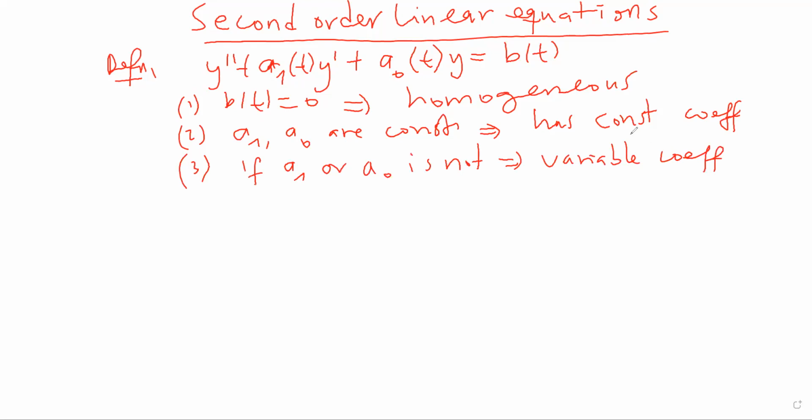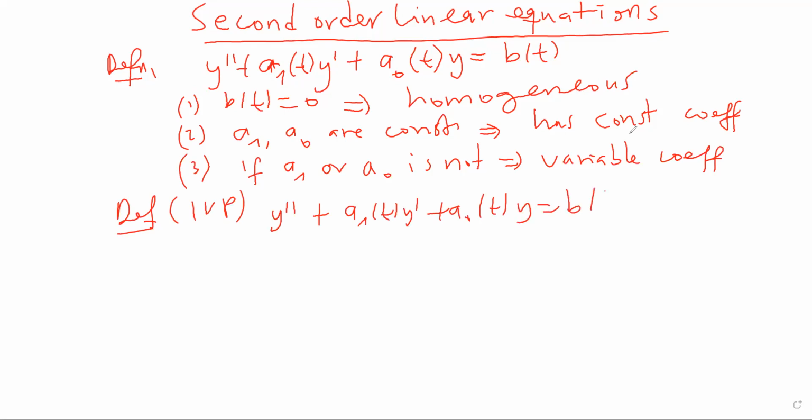Okay, so this is what we said, and then we tried to solve some equations based on this idea of the definition of the second order linear equation. And of course, what we then did was that we defined an initial value problem of the second order. If you have a second order initial value problem, then you have a1 of t y prime plus a naught of t y is equal to b of t.